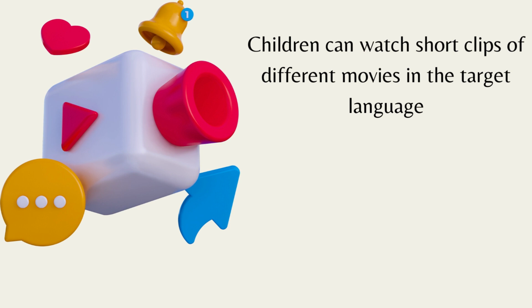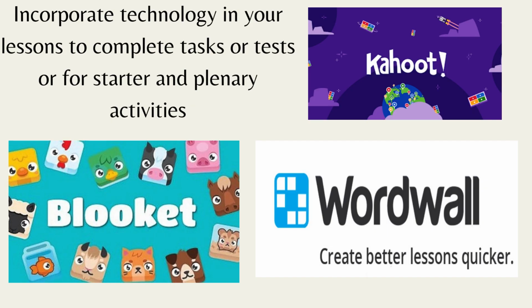For example, if I'm learning about transport and I have a movie of Mr. Bean's visit to France, using different modes of transport, I could show a clip of it, and the learners can try to identify the different modes of transport in French and even write them down. So this keeps the learners more motivated and engaged throughout the lesson.